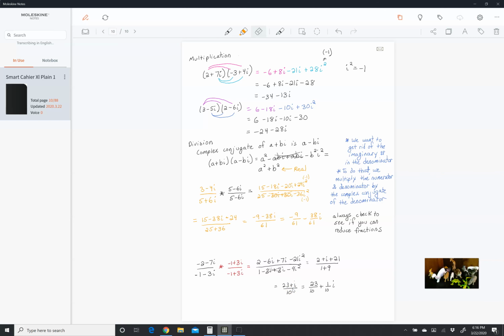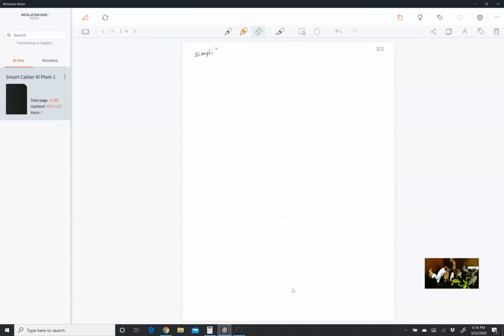Okay, the very last thing with imaginary numbers is simplifying high powers of i. So there's a pattern here. i to the 0 is 1. i to the first is i. i squared is negative 1. i cubed is negative i.